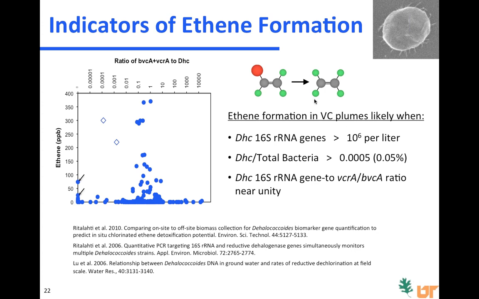And in vinyl chloride plumes, where you see ethene formation, if the Dehalococcoides 16S rRNA gene abundance is greater than 10^6 per liter, you can assume that ethene formation is likely to occur. So these are measurable indicators that correlate with ethene formation.